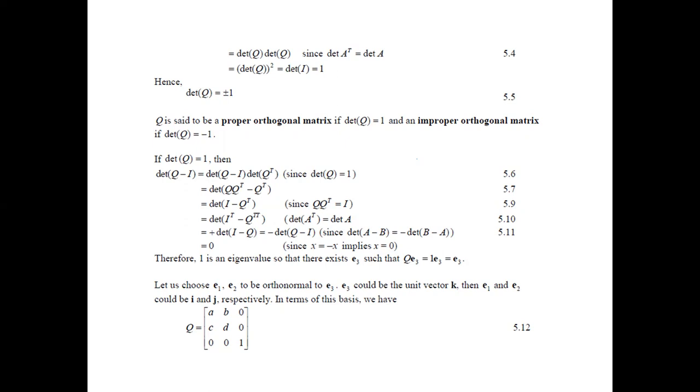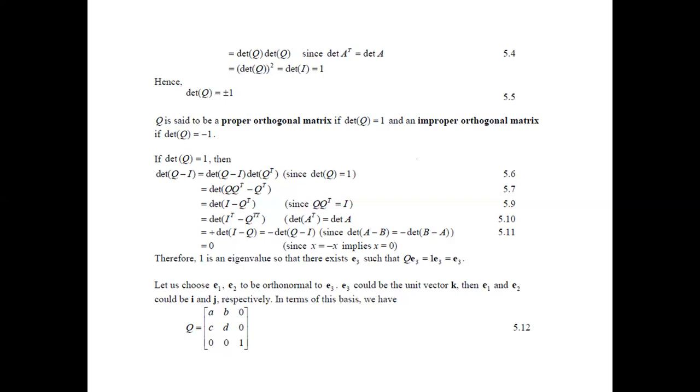If the determinant of Q is equal to 1, then the determinant of Q minus I is the determinant of Q minus I times the determinant of Q transpose. Since the determinant of Q transpose is 1, what we have done is just multiply by 1. We can now make use of the property that the determinant of A times the determinant of B equals the determinant of AB to get the determinant of Q transpose times Q minus I. But what is Q transpose Q?